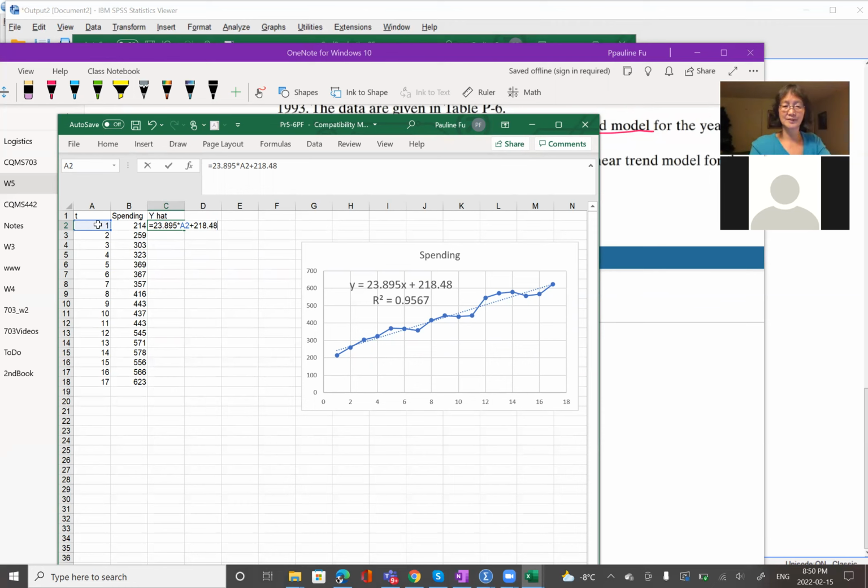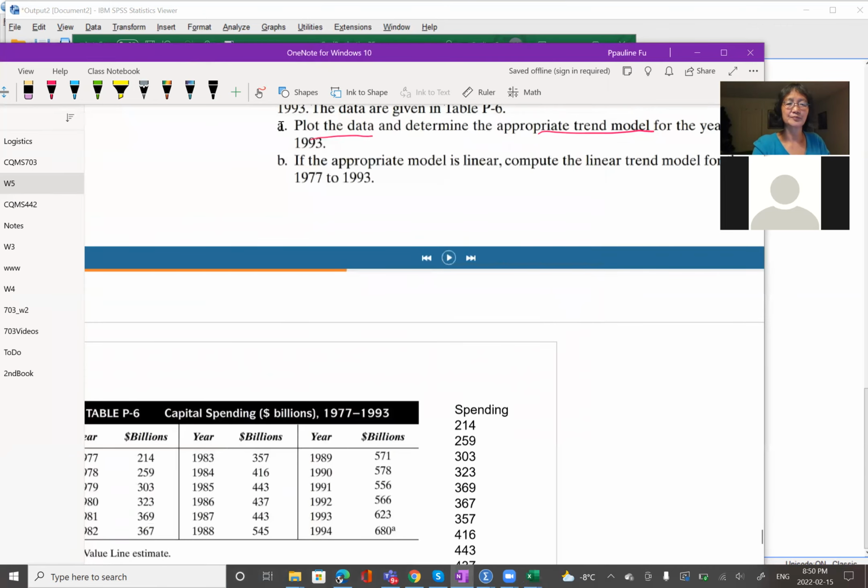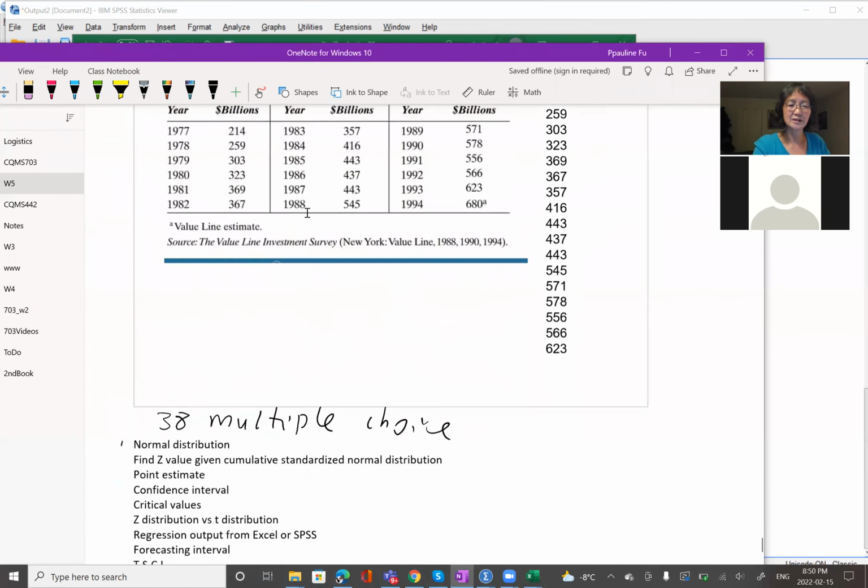That is the equation to compute y hat. Okay. And then just drag it down. So you compute it. Okay. So that is question B.